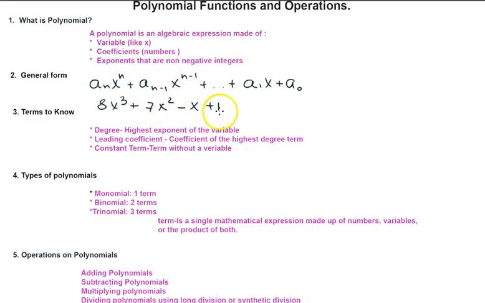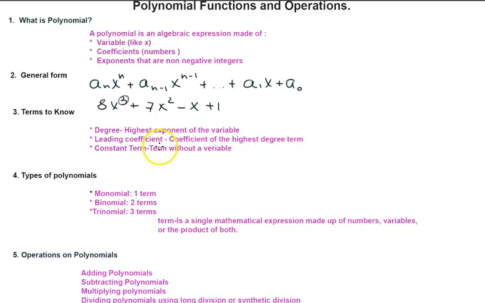When you rearrange your polynomial that way, the highest exponent of the variable is considered the degree. So in this case, the degree of the polynomial is 3.